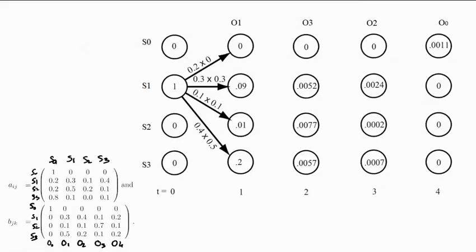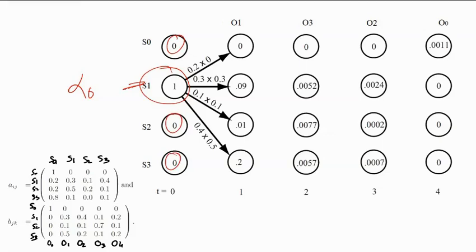Initially my state is S1. Now see carefully how we do it. For alpha 0 at time step 0, my state is fixed to S1, so the other alphas are 0.